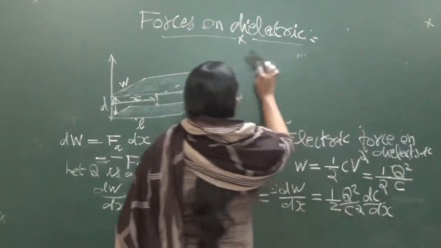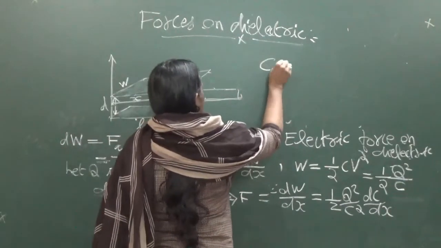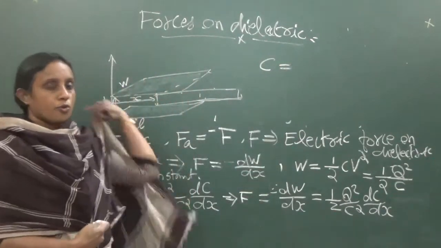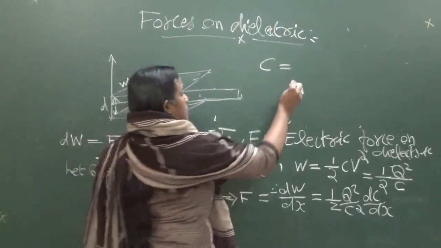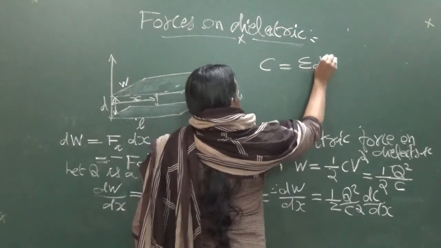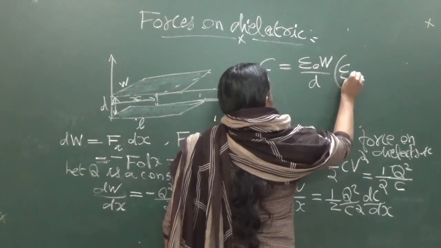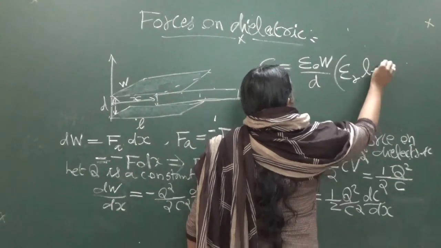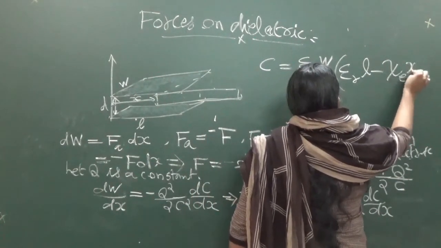Now, what is the capacitance of this system? The capacitance of the system with the partially filled dielectric is given by epsilon 0 W by D into (epsilon R L minus chi E x).